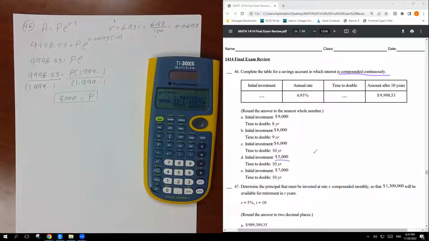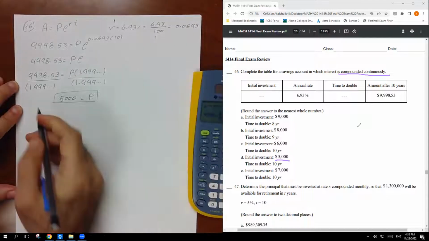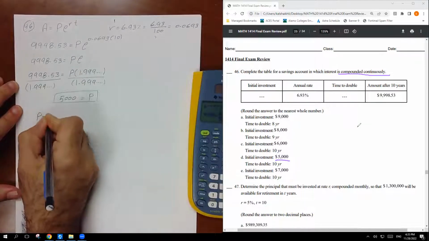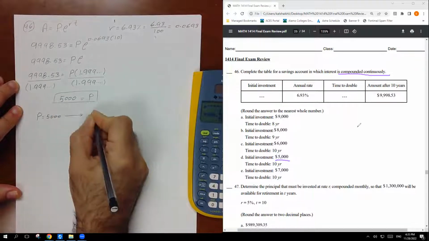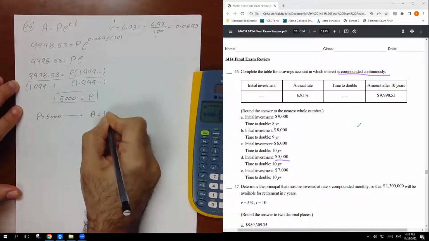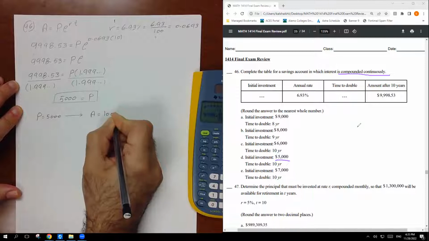So here is the 5,000 and the time to double is 10 years. Let's check that. The time to double means if you invest 5,000, the future value is going to be double, so it's going to be 10,000.